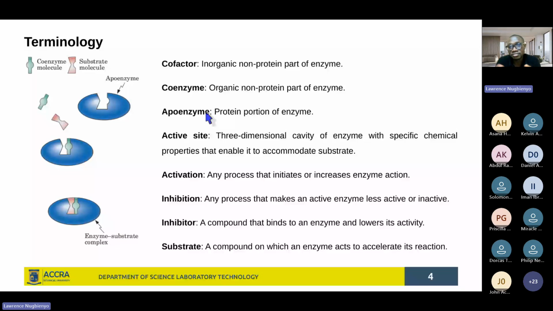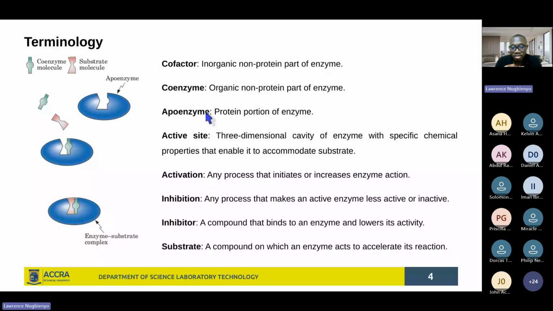Usually, you have active sites made up of 2, 3 amino acids. As the protein folds, they form something like a pocket. An active site can be just one amino acid anyway for some proteins. And it is at those particular positions that reactions occur.